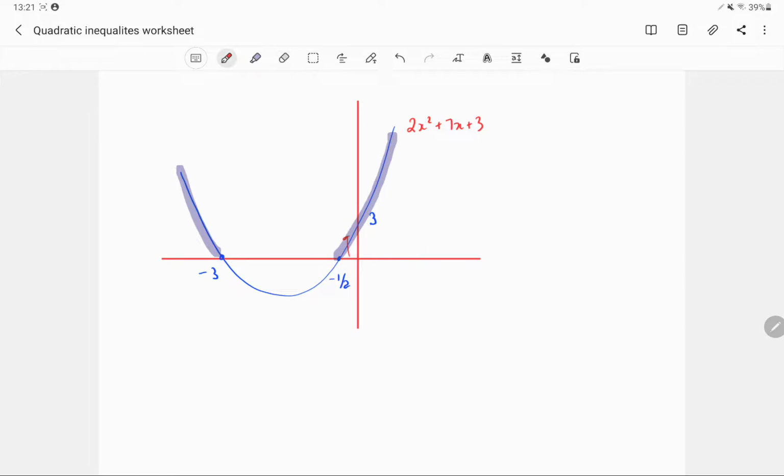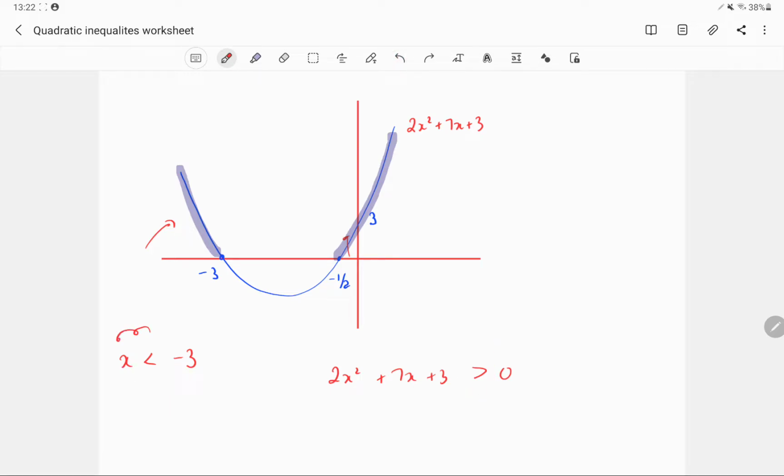How do we write that algebraically? 2x squared plus 7x plus 3, where is it positive? Where is it above the x-axis? Well, it is positive here, and we write that as x is less than minus 3. Notice that there's no 'or equal to' part because there's none in the question.